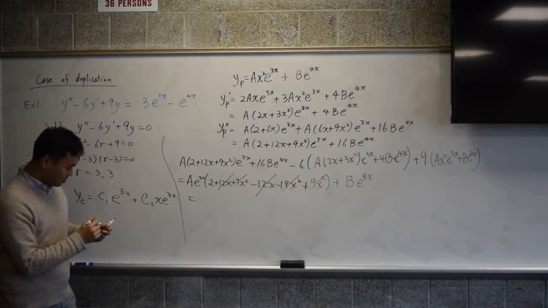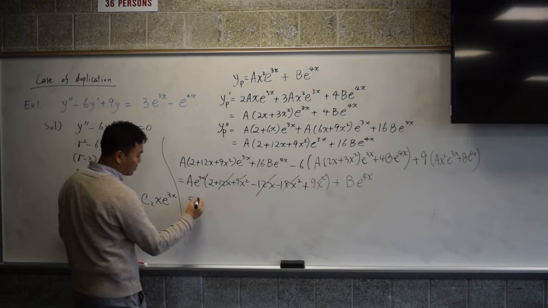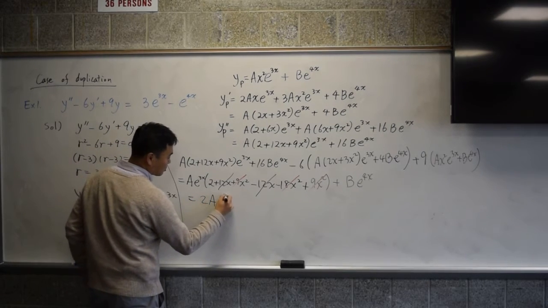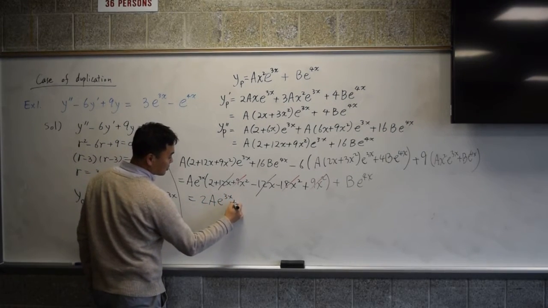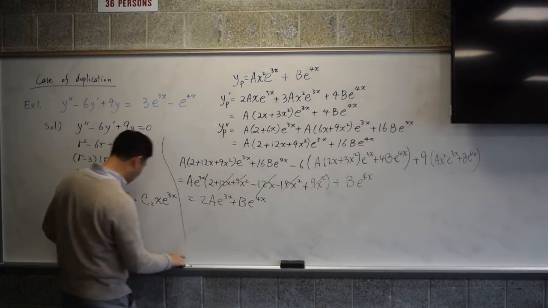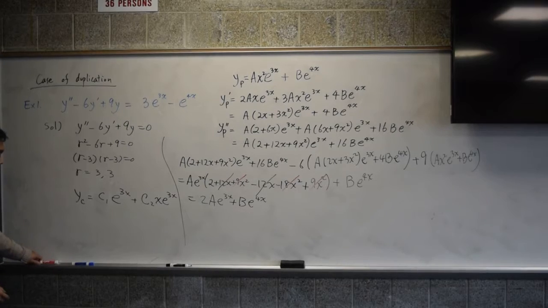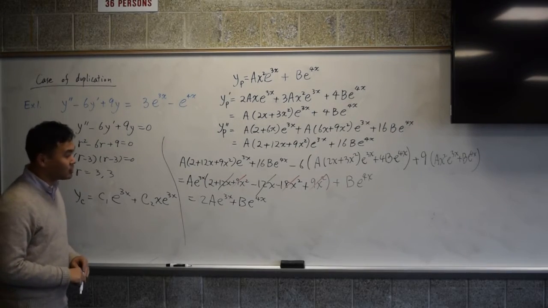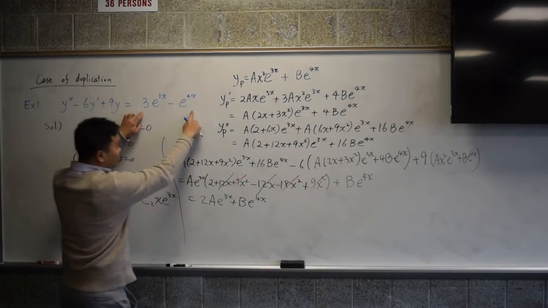So you're left with 2a e to the 3x plus b e to the 4x, and that has to equal to what? I want this to equal to what? This one, the right side, right?